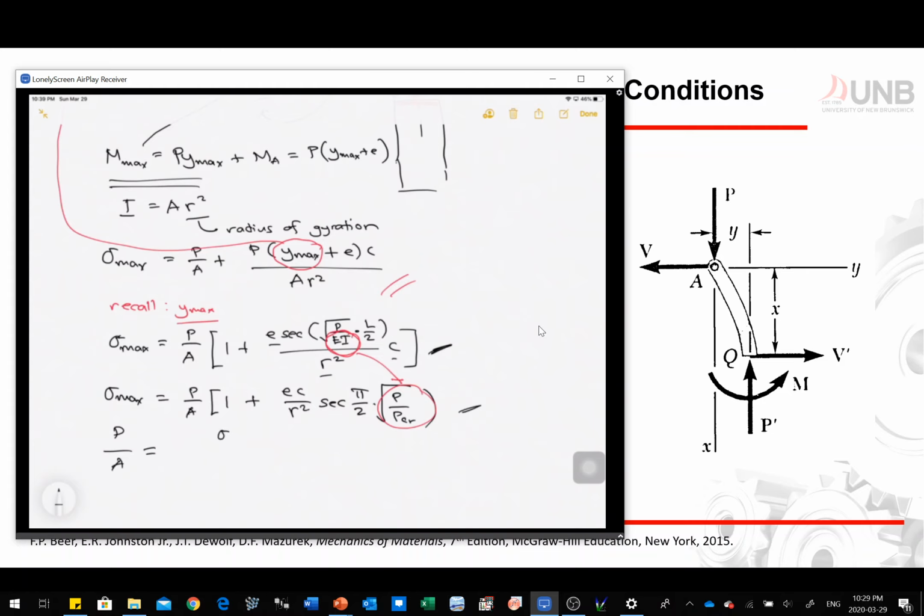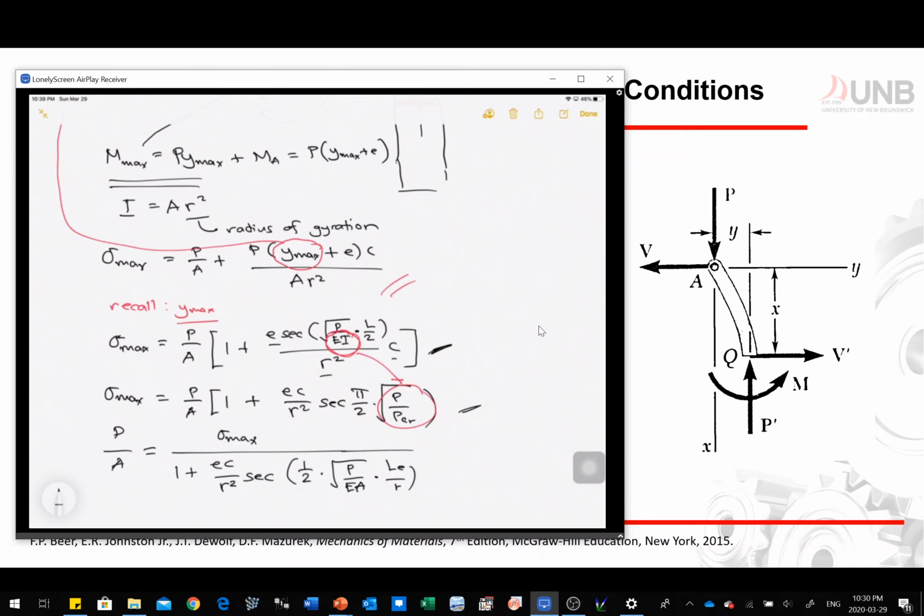We can even rewrite this form as sigma maximum equals P over A times 1 plus E C over r squared, times secant of one half square root of P over E A times, let's call it effective length, L E over r.